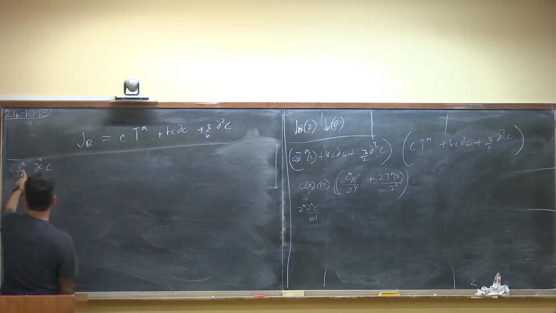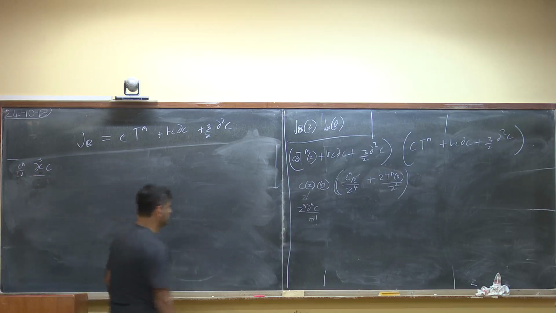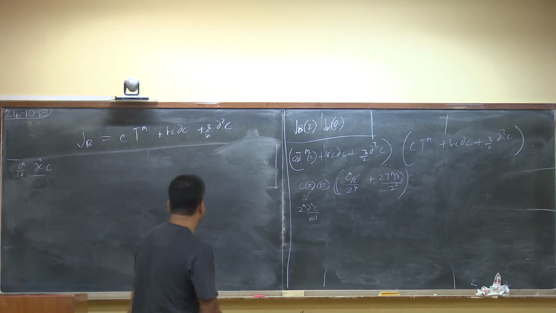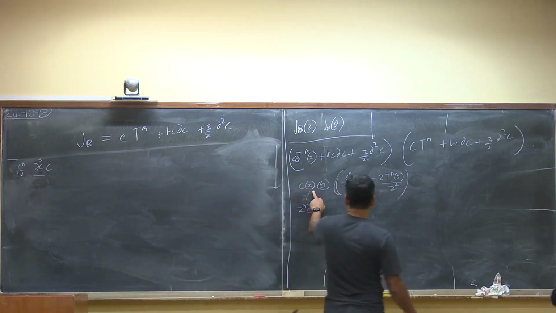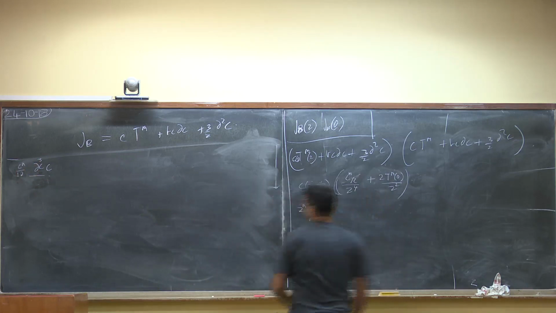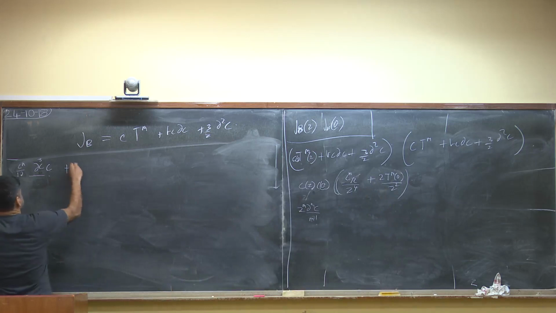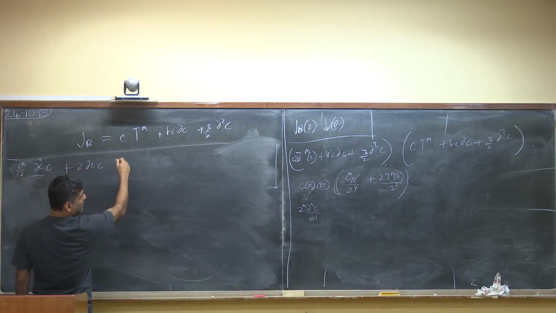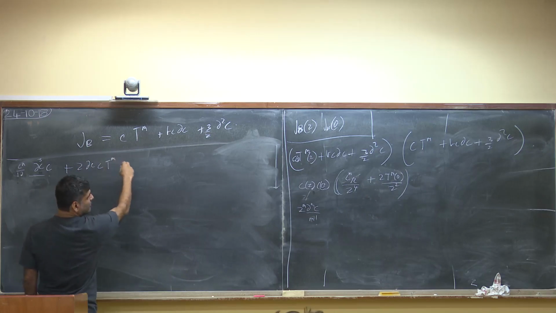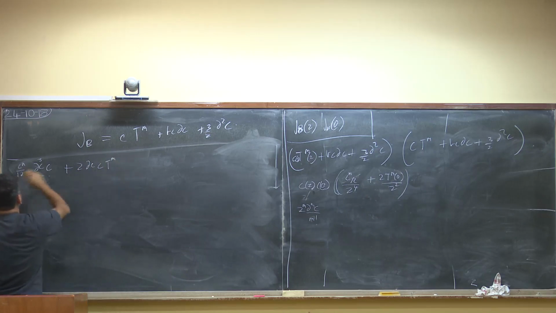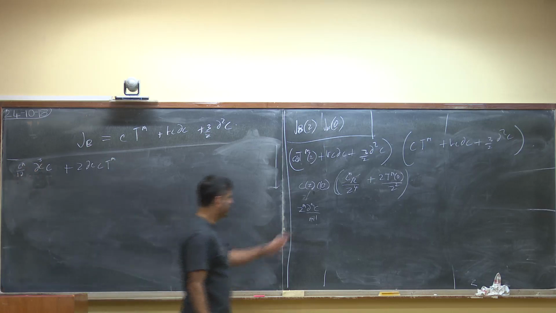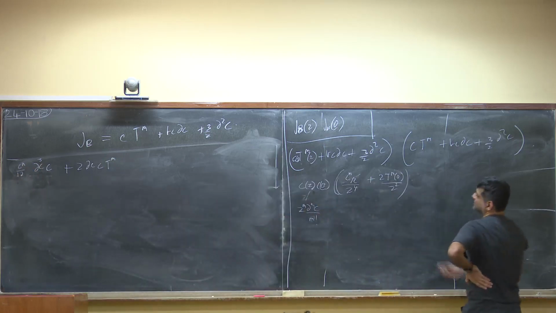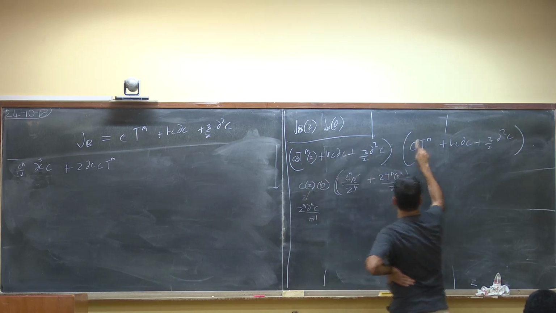This term is this, and 1 over 12, c_matter by 12 ∂³c c. Yes, indeed. Let's take the next term. And the other is 2 ∂c c T^M. And these are the only terms that survive for the pole. Excellent. So we've got the first one.